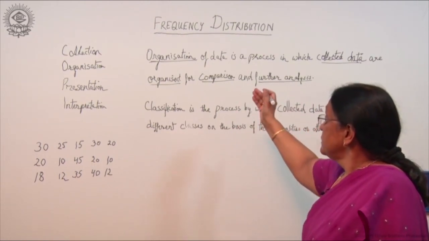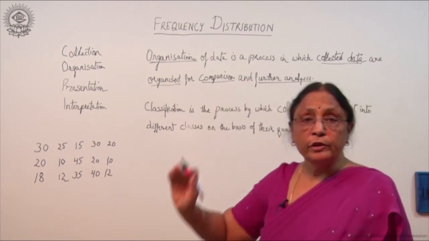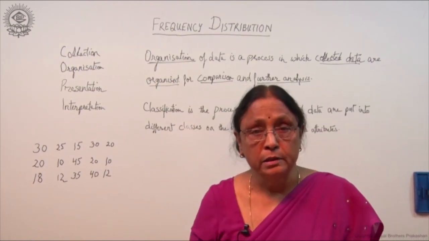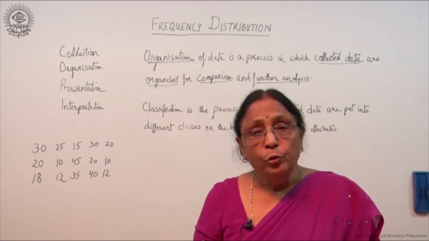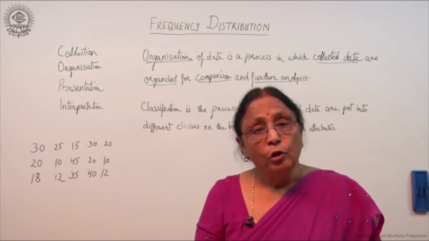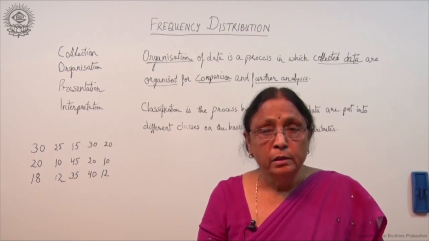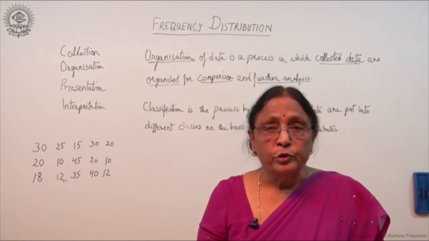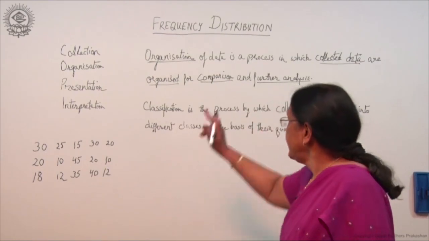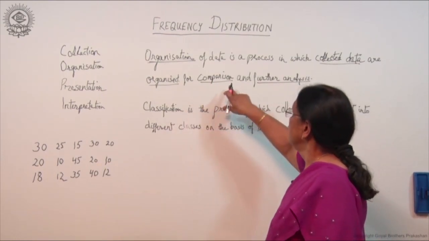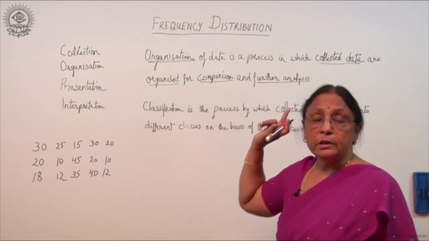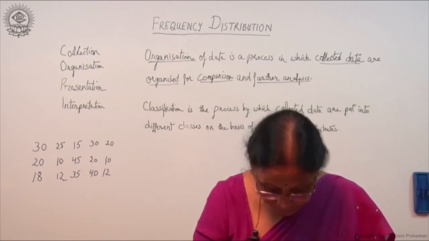Why is it organized? For comparison and for further statistical analysis. Because if you don't organize the data, you cannot make any statistical analysis or comparison according to your purpose of inquiry. So collected data has to be organized for comparison and further statistical analysis.